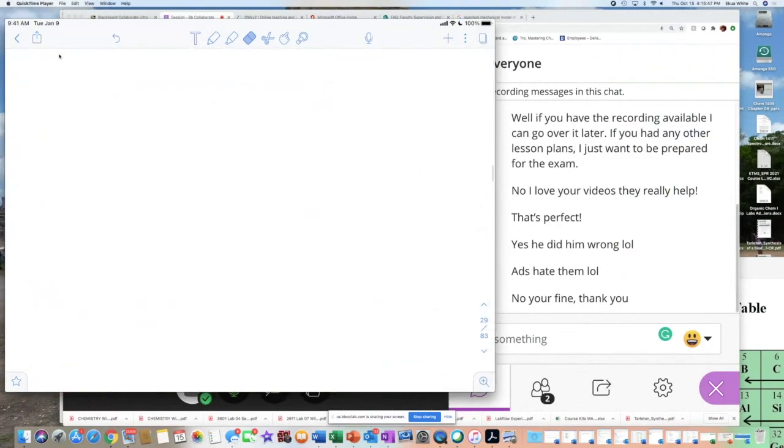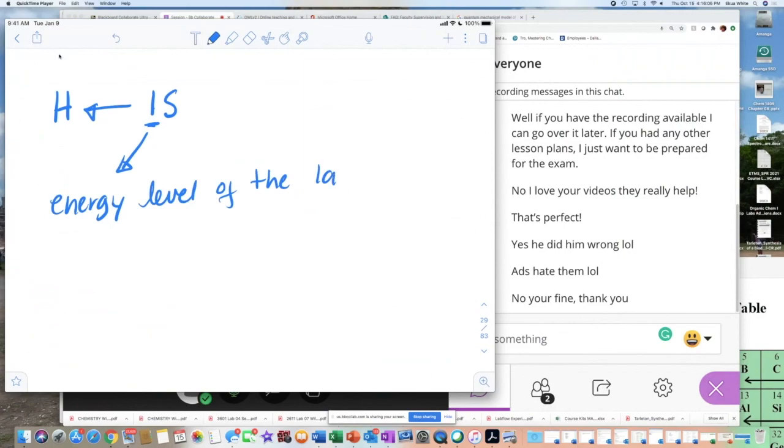Since we saw that for the symbol hydrogen, hydrogen had a label 1s. From here, we're getting information about two things. This one here tells you the energy level of the last electron in hydrogen.